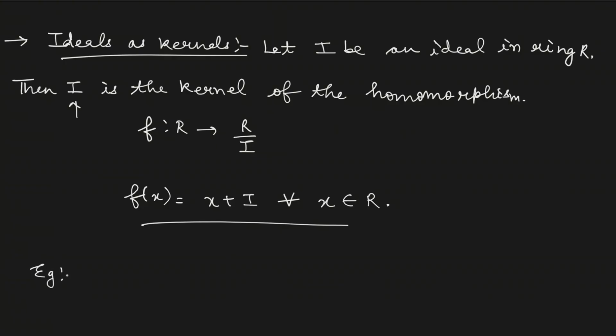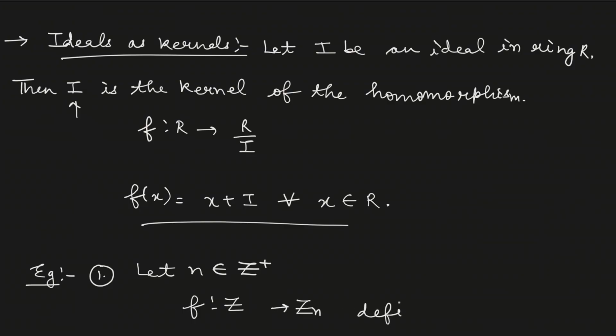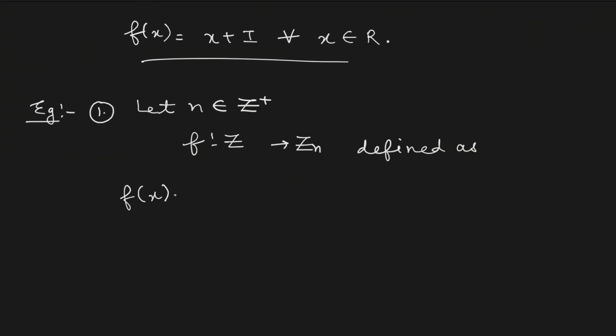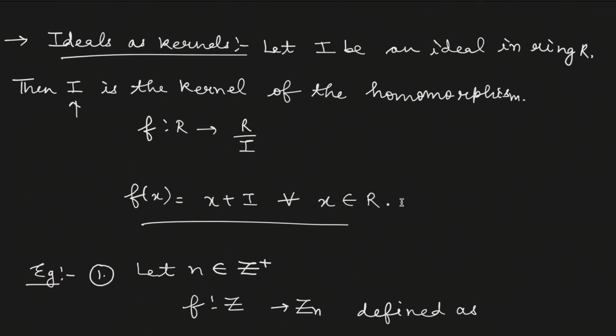Now some examples. Let n belong to Z plus. f is a mapping from Z to Zn defined as f(x) is equal to x mod n for all x belonging to Z. So clearly it is a ring homomorphism.